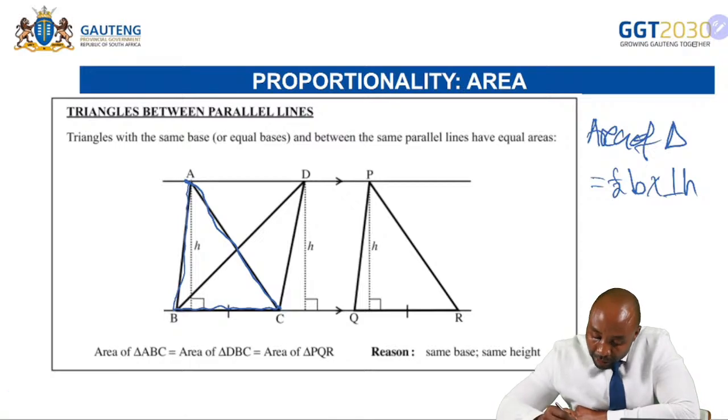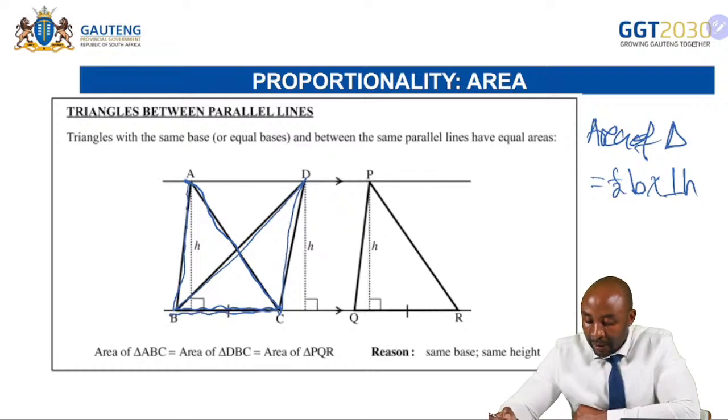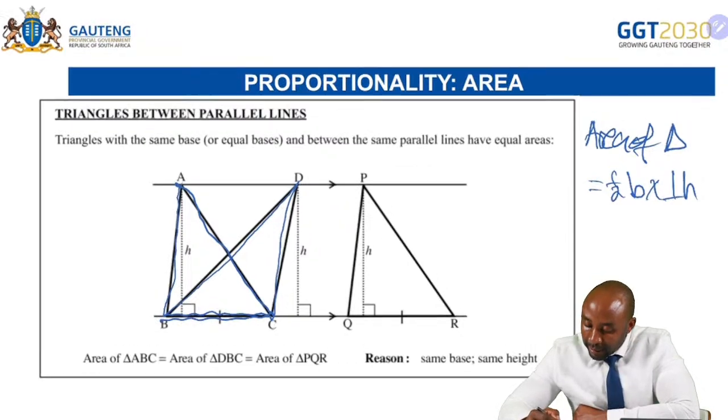And then you also have triangle BDC, where the perpendicular height of triangle BCD is constructed exterior. It's outside the triangle, but you'll realize that the base BC is common for both triangles, and the height is going to be the same because these are between parallel lines.